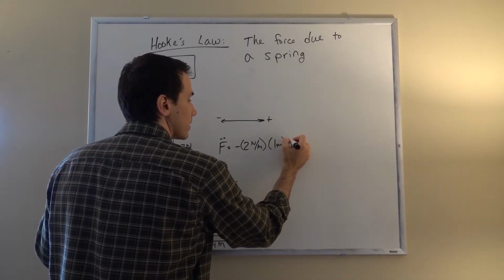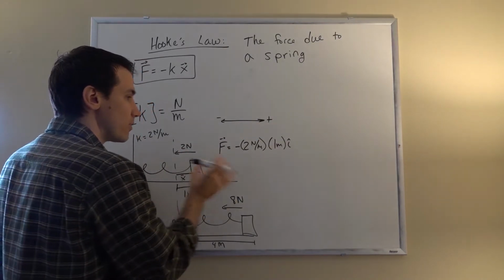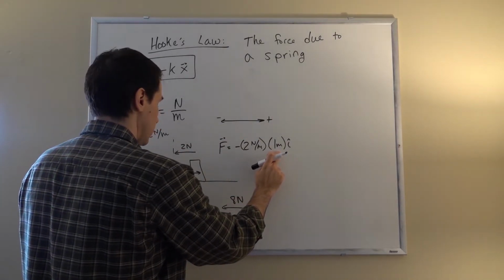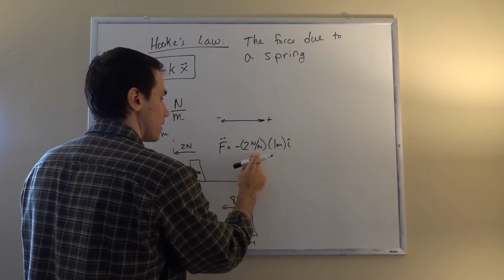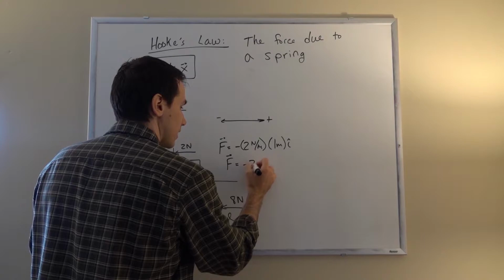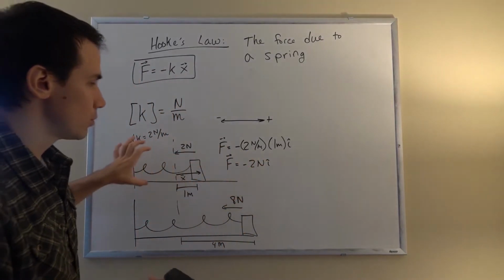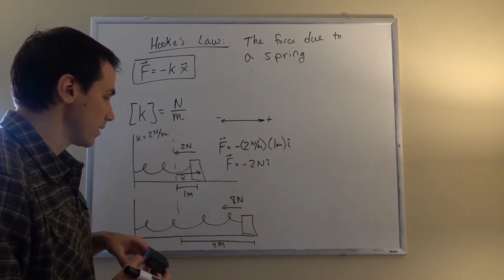And I will make this i hat, right? Because this is my x direction. So this is my force. My delta x is 1 meter i hat, my scalar here. And so my force vector is negative 2 newtons i hat, telling me that it points to the left here.